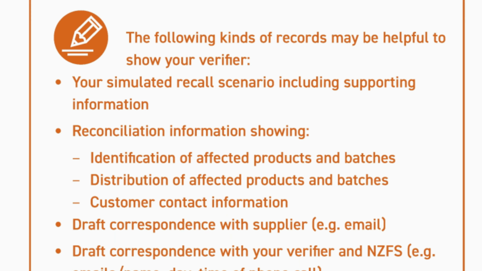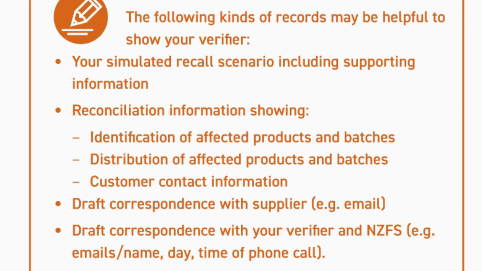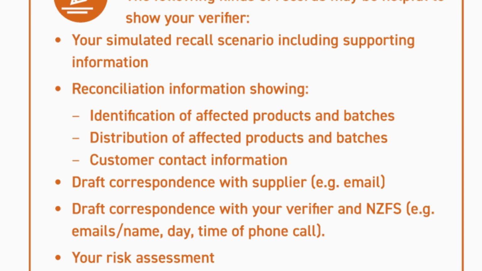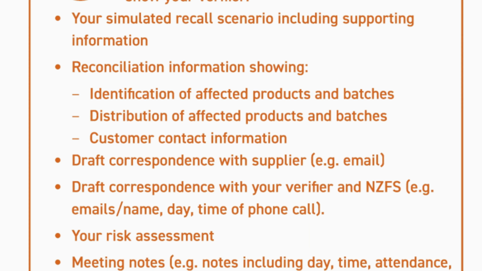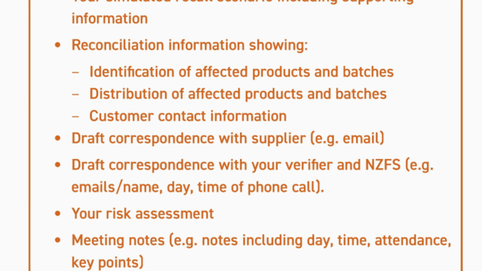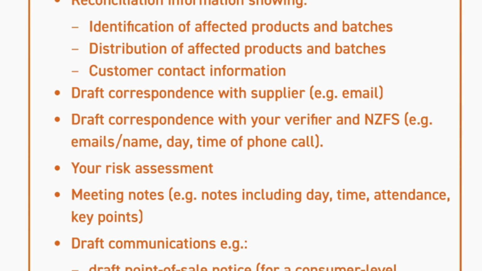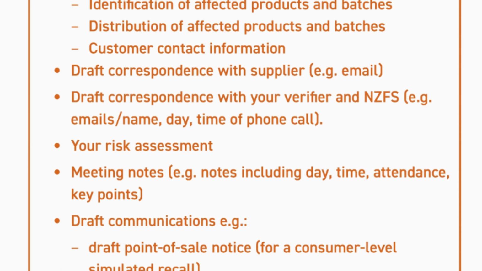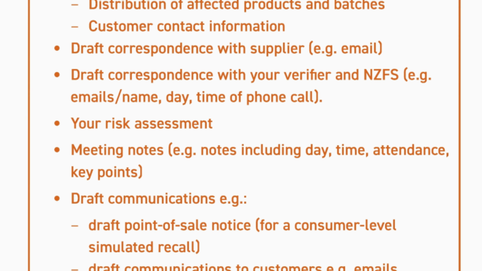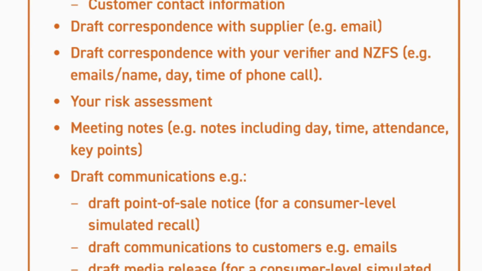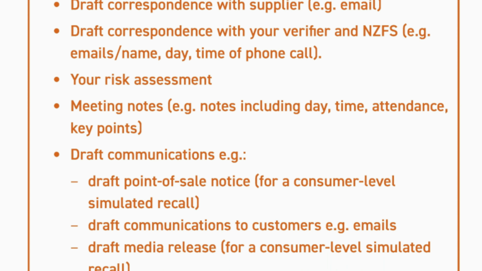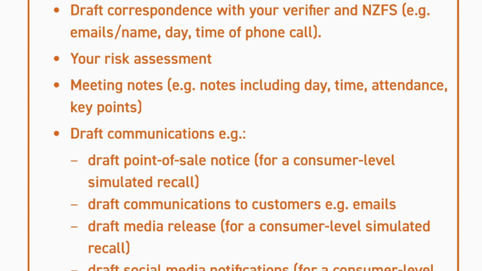Customer contact information. Draft correspondence with supplier such as email. Draft correspondence with your verifier and NZFS such as emails, name, day, time of phone call. Your risk assessment. Meeting notes such as notes including day, time, attendance, key points.